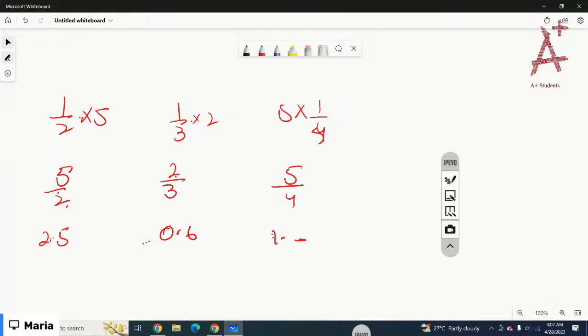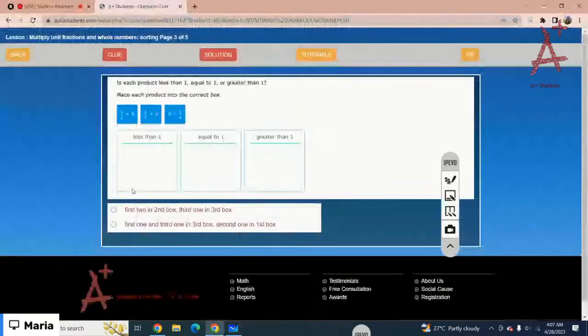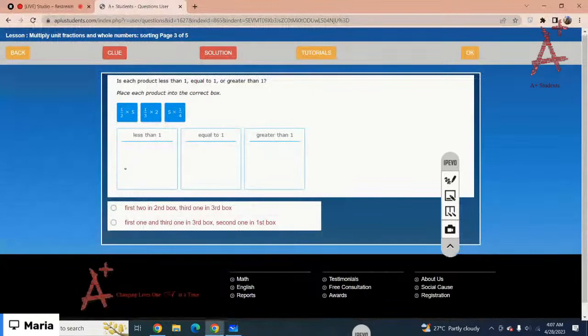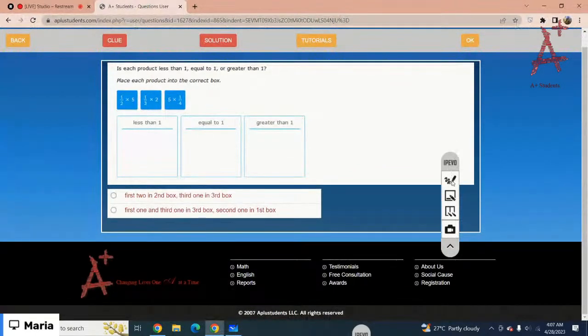So here you have, this one is less than 1, and two of them are greater than 1 and one of them is less than 1. So 0.6 is here in the first box.